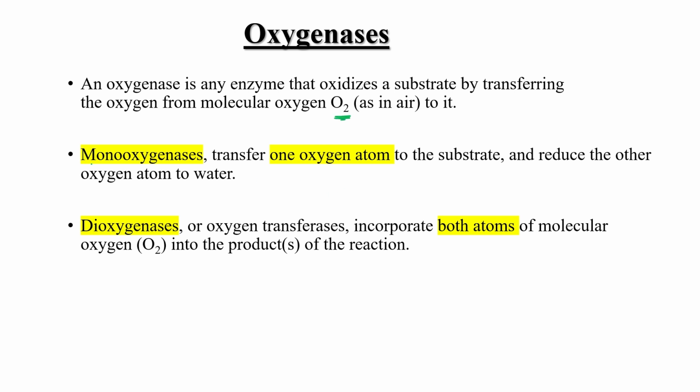Two types: monooxygenases, which transfer one oxygen atom to the substrate and reduce the other oxygen atom to water, and dioxygenases, which incorporate both atoms of molecular oxygen into the product of the reaction, or we can say oxygen transferases. What is the other term for dioxygenases? Oxygen transferase. It incorporates both atoms of oxygen into the product of the reaction.